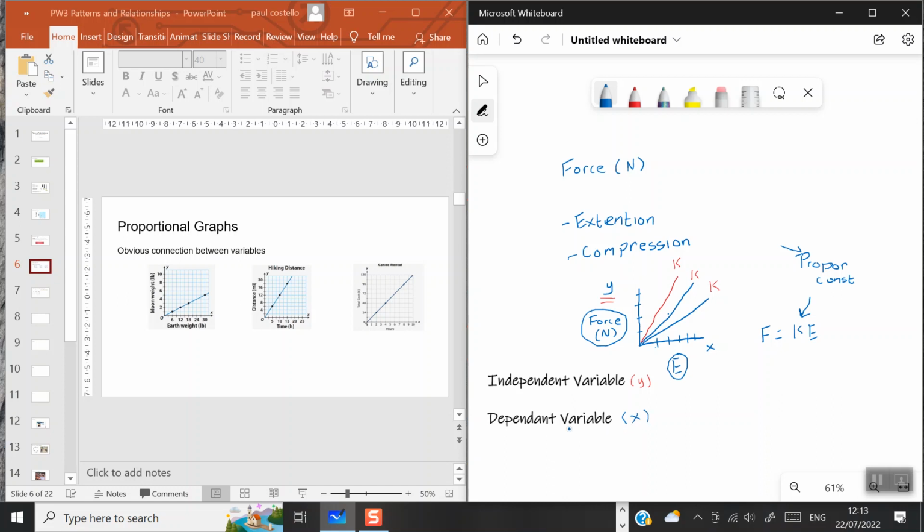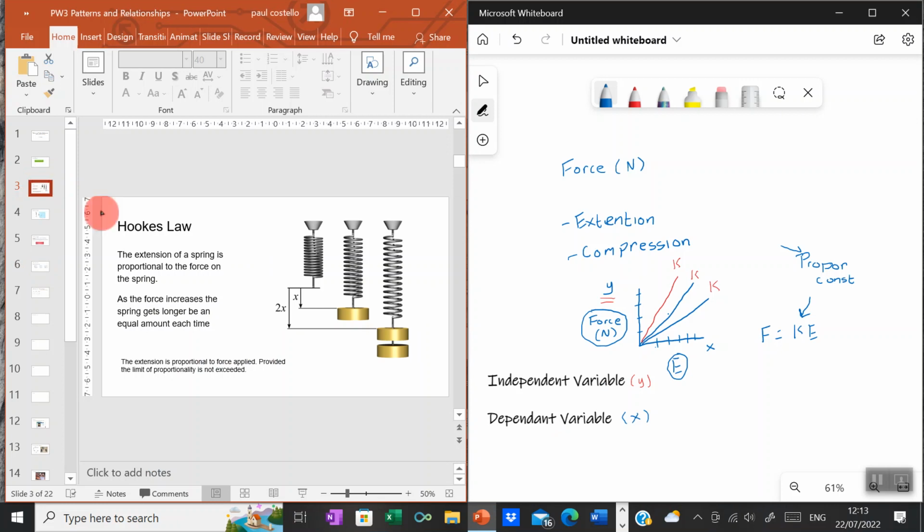Generally we don't know exactly what we're going to get for the dependent variable, so this is what we're going to measure. When we do this experiment, the thing that you're controlling is the weight that you're adding on to the spring, so you have control over that. The thing that you're going to measure is the extension of the spring.